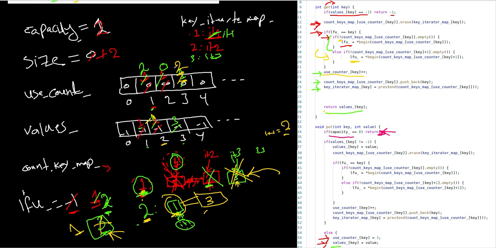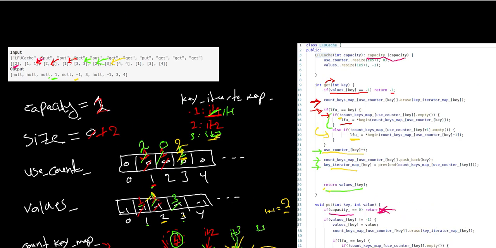So count 2 contains 1 and 3, and of course we update the pointer. This is iterator 3, and we return values of key. Values of 3 is 3, so the answer printed is 3.